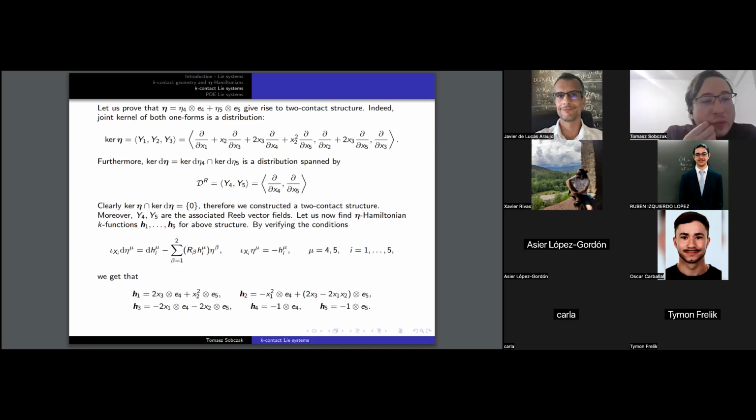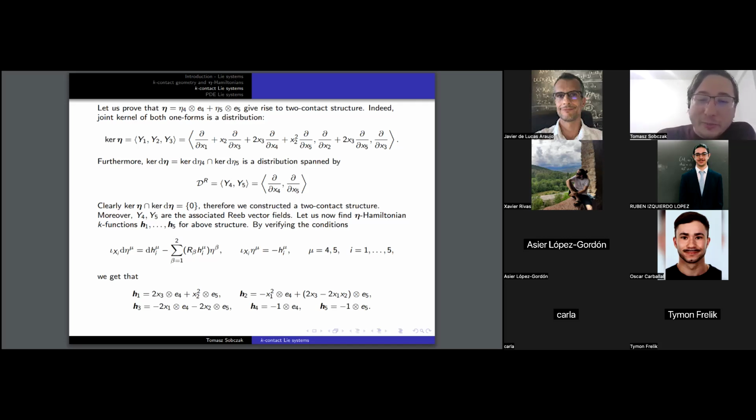And one can say it's not so interesting, because we are doing something a little similar to the k-symplectic case, because we are only verifying that the contraction of our eta Hamiltonian vector fields with eta is just the differential of our other functions. So maybe it's not so interesting if we make the projective Lie systems.